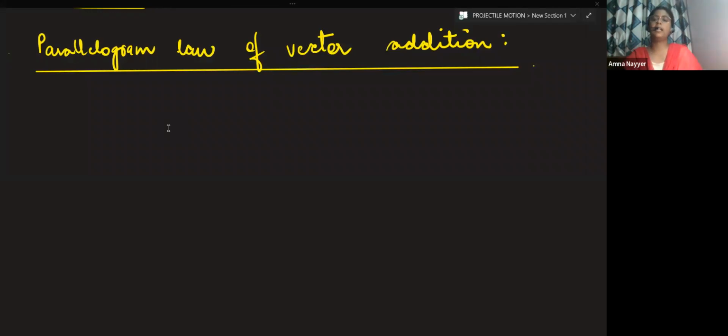Now, see, parallelogram law of vector addition, the first one. There has to be a certain criteria for the usage of parallelogram law of vector addition. Parallelogram, you all know, is a quadrilateral that we'll discuss later on. Now, let's see the criteria first.